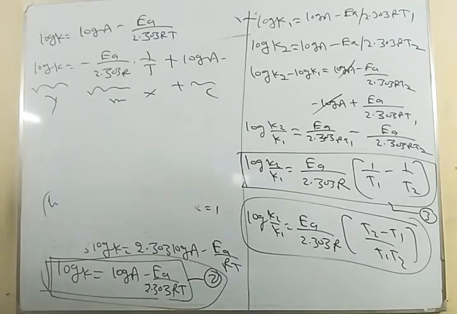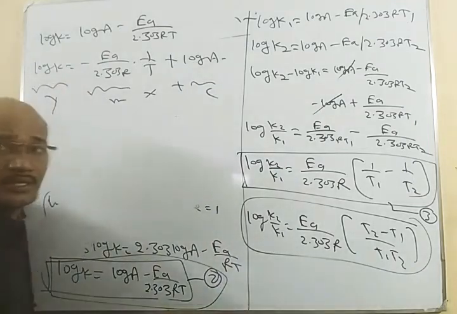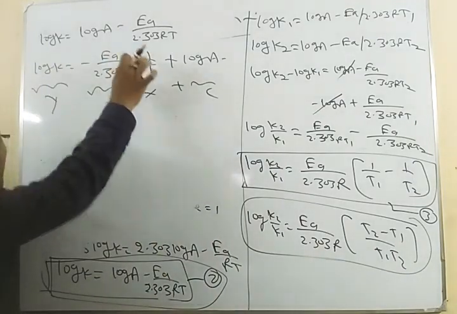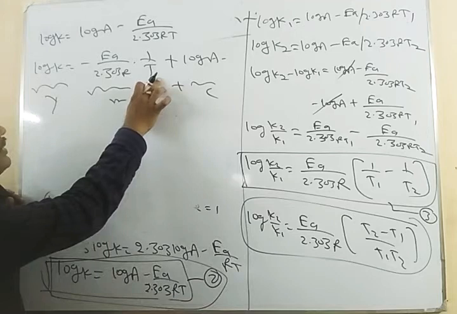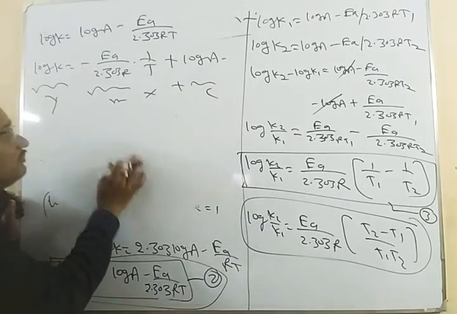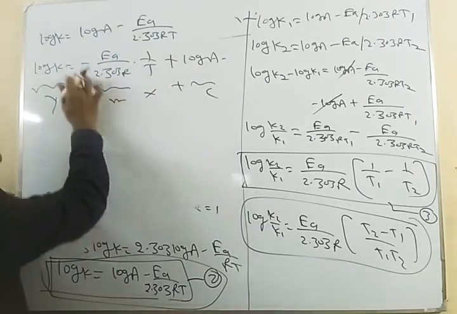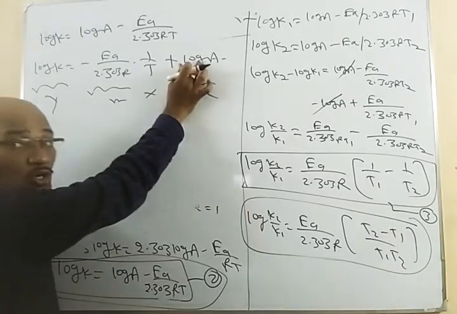So if I plot a graph between log k versus 1 by T, I will get a straight line with a slope of minus Ea by 2.303 R with intercept value log A.